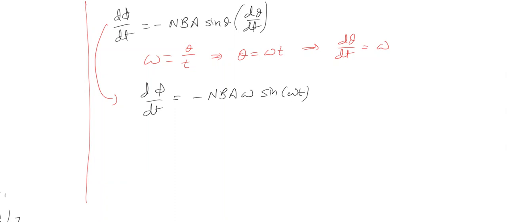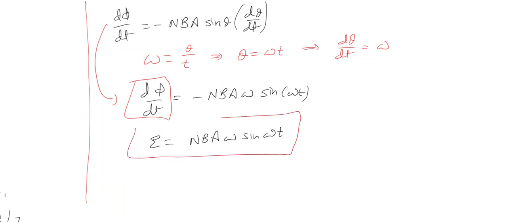And we know from Faraday's law that epsilon is minus d phi by dt, and hence epsilon is equal to NBA omega sine omega t. This much EMF will be induced when you rotate a coil between two magnetic poles.